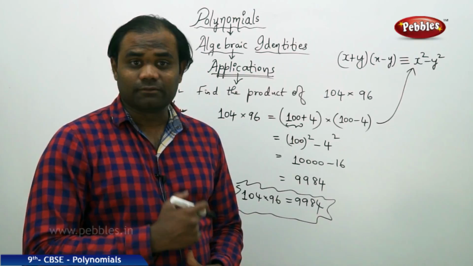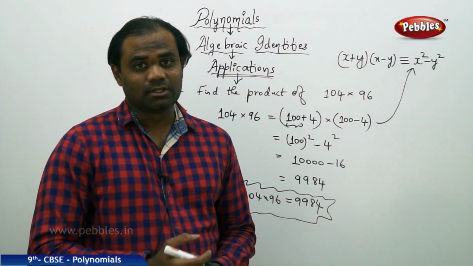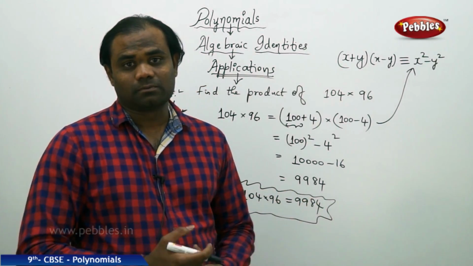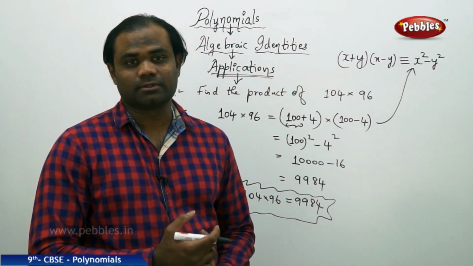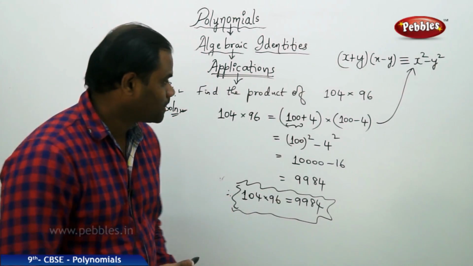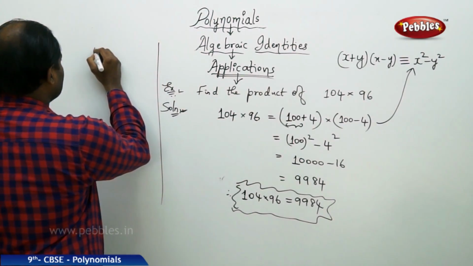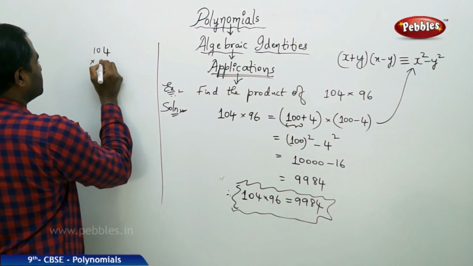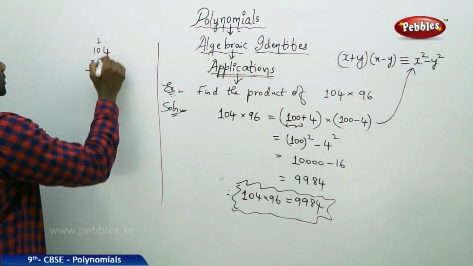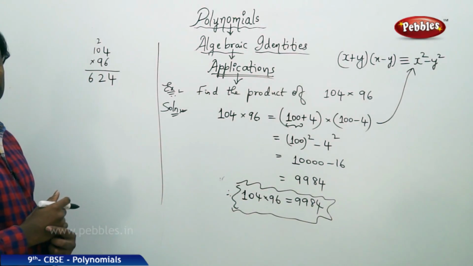Now let's see if this value, as obtained through the multiplication of two numbers using the algebraic identity, is verified to be true. Let's do the verification process by using the general multiplication of two numbers. 104, when I multiply with 96, I get 6 times 4, which is 24, and 6 ones, 6.